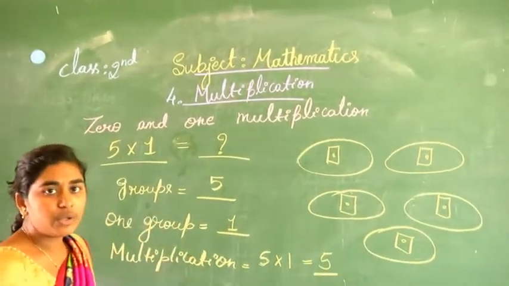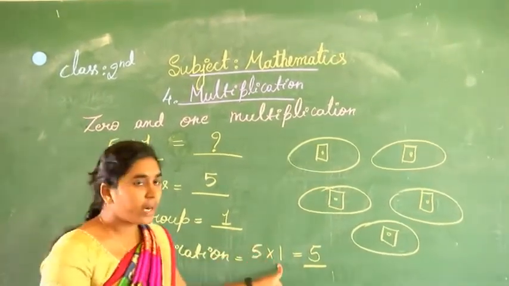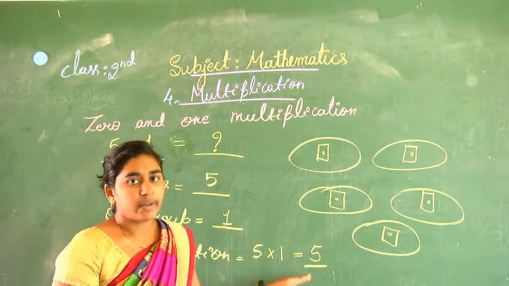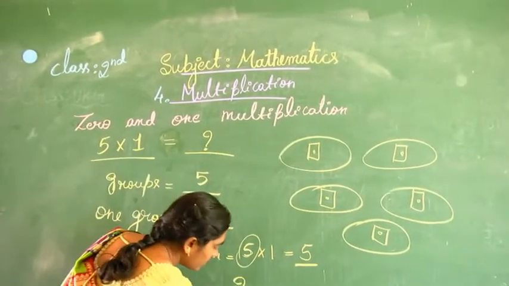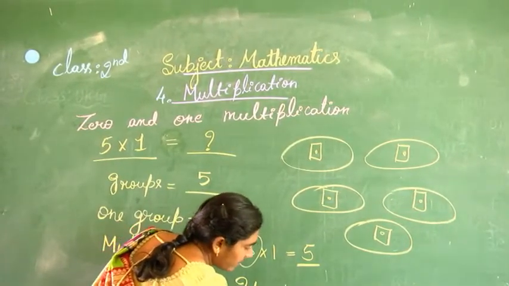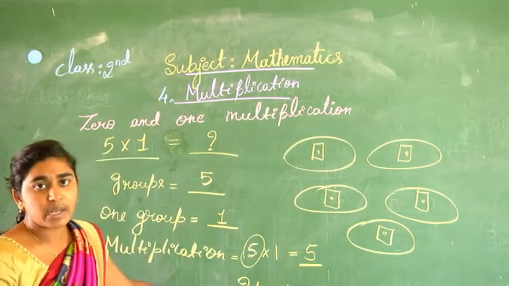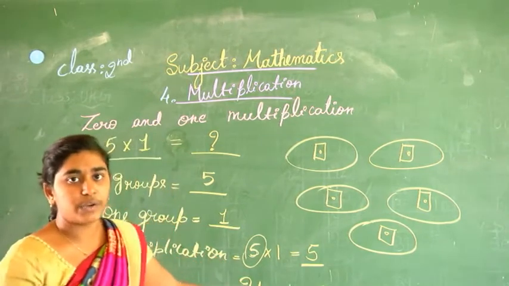By this, what you should know is, when a number is multiplied by 1 it gives the same number. Whatever may be the number, other than 5 also. If it is 21 multiplied by 1, the answer is 21. Whatever the first number, if it is multiplied by 1, you will get the same answer. That one you need to keep in mind.